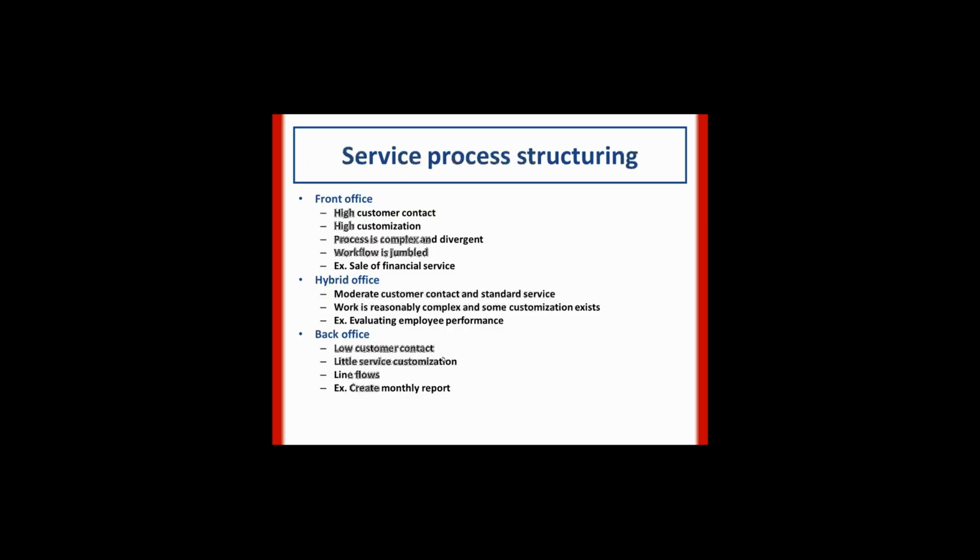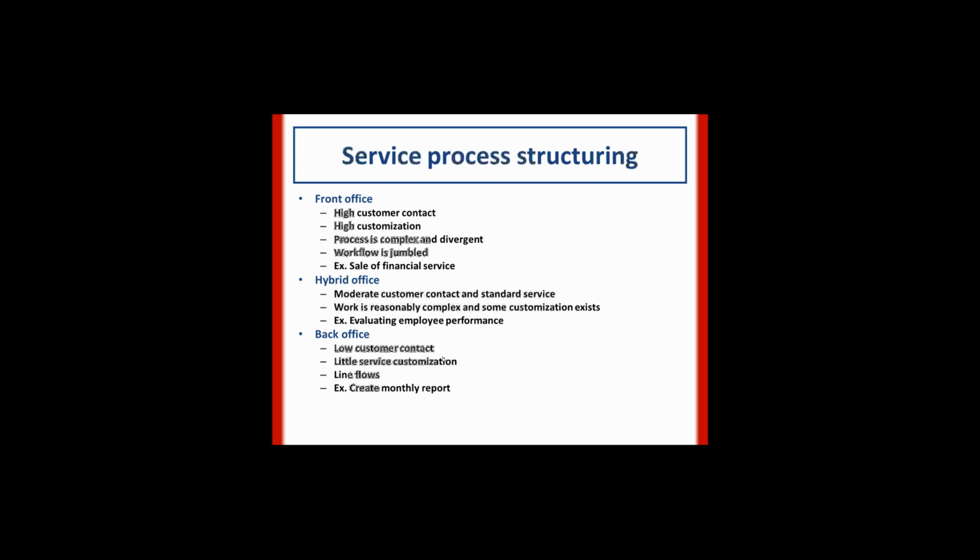An example of this type of organization: front office, with high contact, high customization, high divergence, and a complex process, and the workflow is flexible. An example can be the sale of financial services, where each customer is allowed to choose different options.